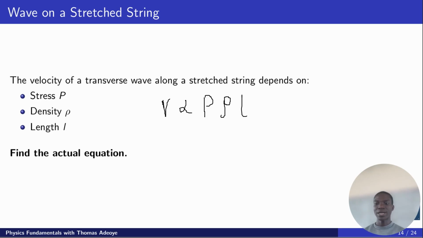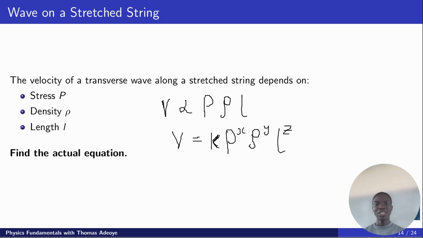So we can now say this is proportional. If it's proportional to this, then we introduce a constant of proportionality, which is k. So we can now say that v equals k times P raised to power something, rho raised to power something, and L raised to power something.